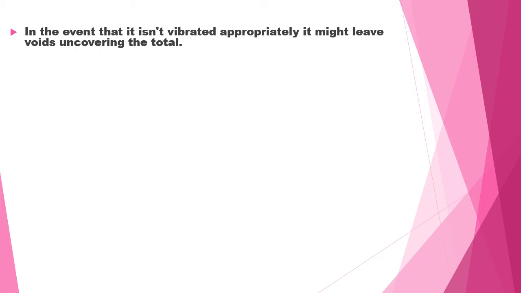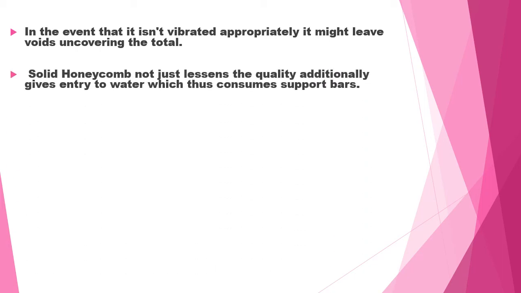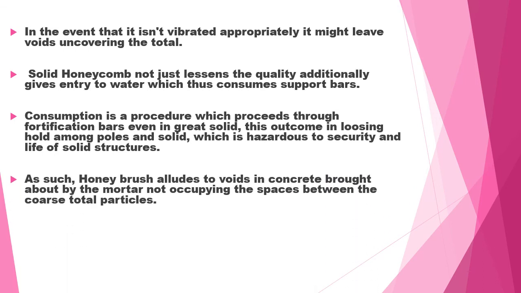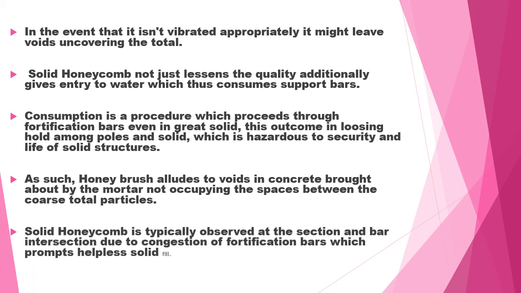That is what I call honeycombing. Concrete honeycomb not only reduces the strength, it also gives entry to water with consequent corrosion of the reinforcement. Corrosion is a process which proceeds through reinforcement bars, even in good concrete. This results in losing bond between the bars and concrete, which is hazardous to the safety and life of the concrete structure. In other words, honeycomb refers to voids in concrete caused by the mortar not filling the space between the coarse aggregate particles.